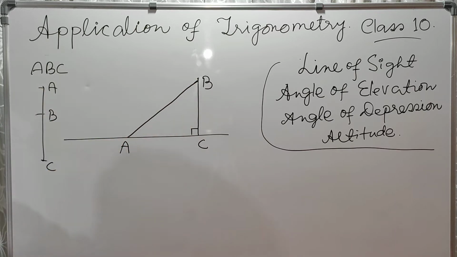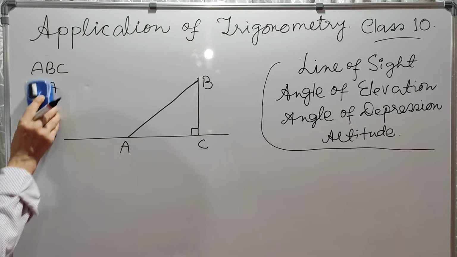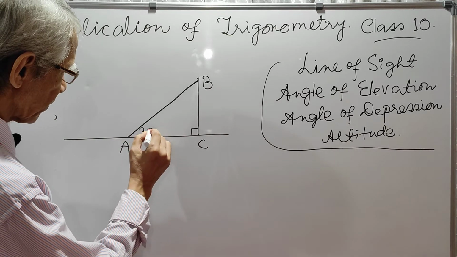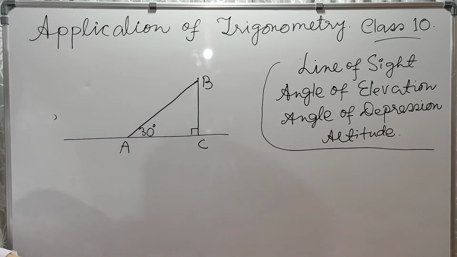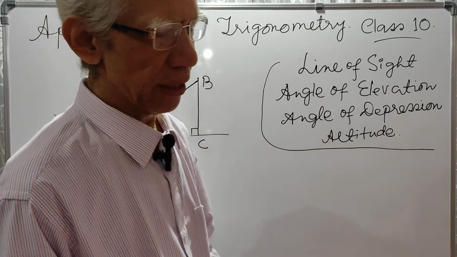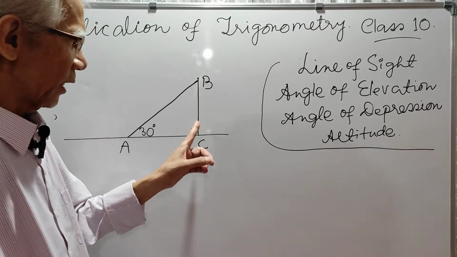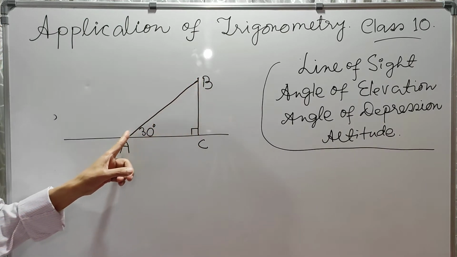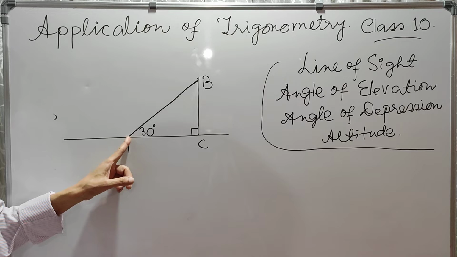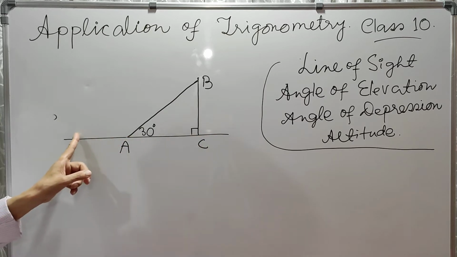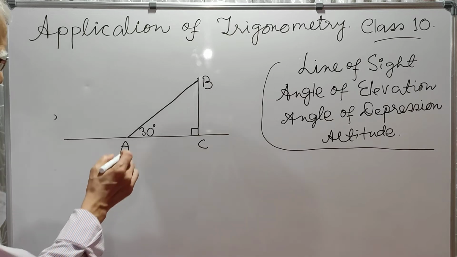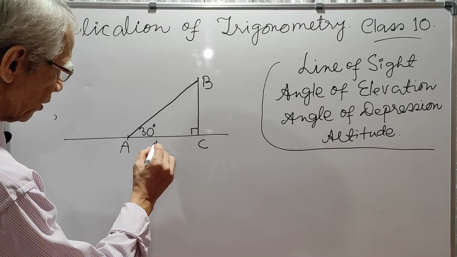That is the problem. Okay? And it touched the ground and made an angle of 30 degree. Now here there is no question of line of sight. Simply the tree broke at the point B, and then this broken part touched the ground at the point A. So this is the ground level, and this angle is given to be 30 degree, and this distance from A to C is given 15 meter.